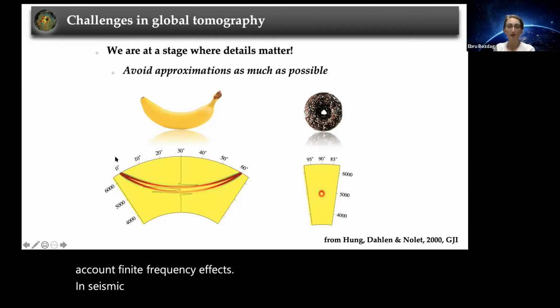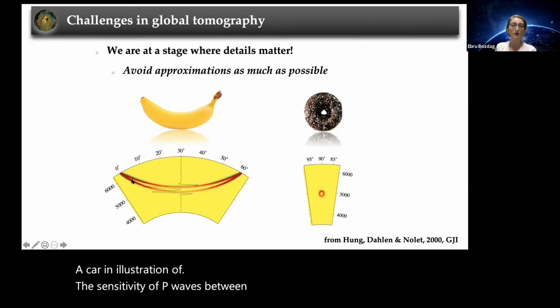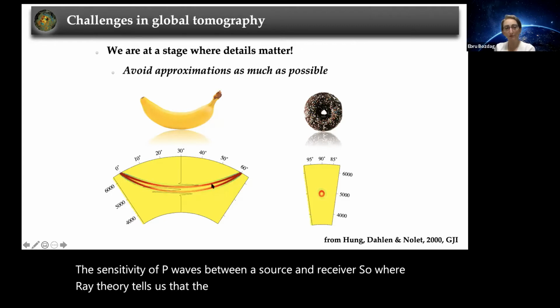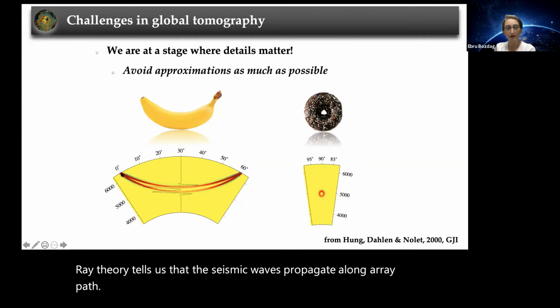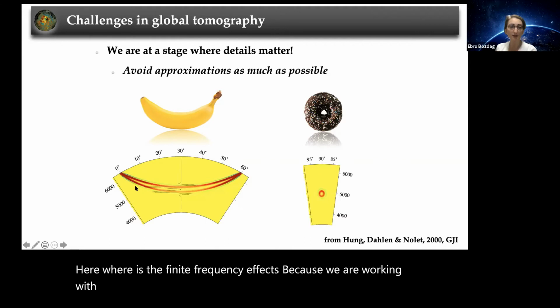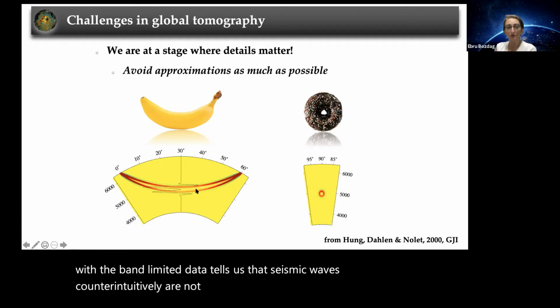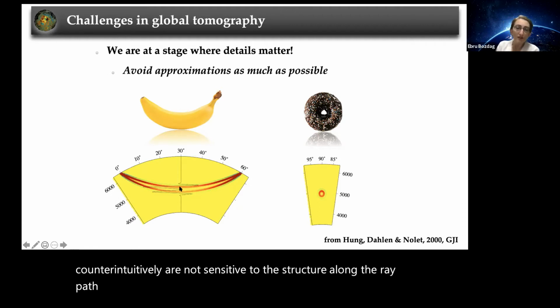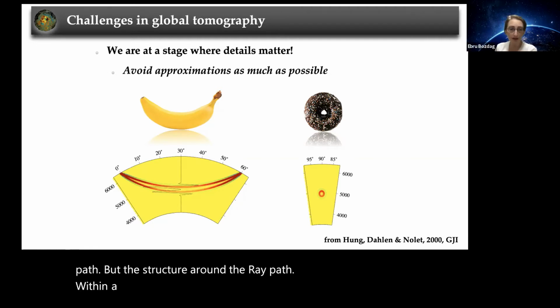Here you see an illustration of the sensitivity of P waves between a source and the receiver. The ray theory tells us that the seismic waves propagate along a ray path, whereas the finite frequency effects, because we are working with band-limited data, tell us that seismic waves counterintuitively are not sensitive to the structure along the ray path, but the structure around the ray path, defined by a Fresnel zone.